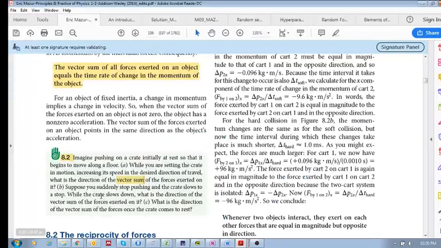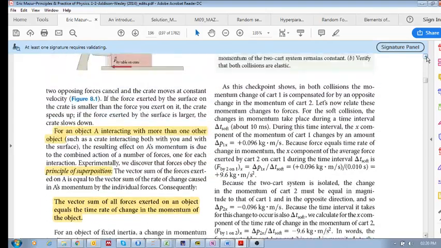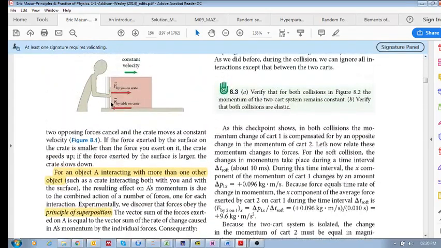Okay. Suppose you suddenly stop pushing and the crate slows to a stop. While the crate slows down, what is the direction of the vector sum of the forces exerted on it? Well, we know that it would be to the left, because it is slowing down. There's no longer a constant velocity.